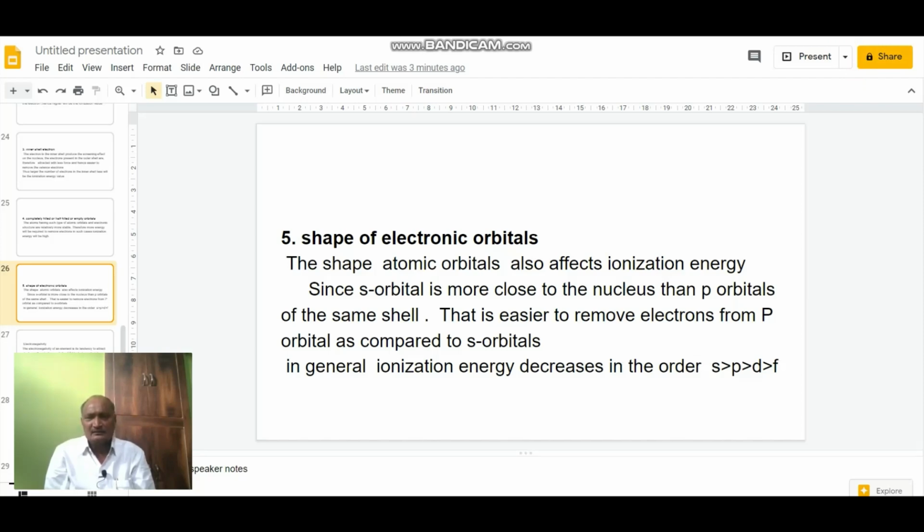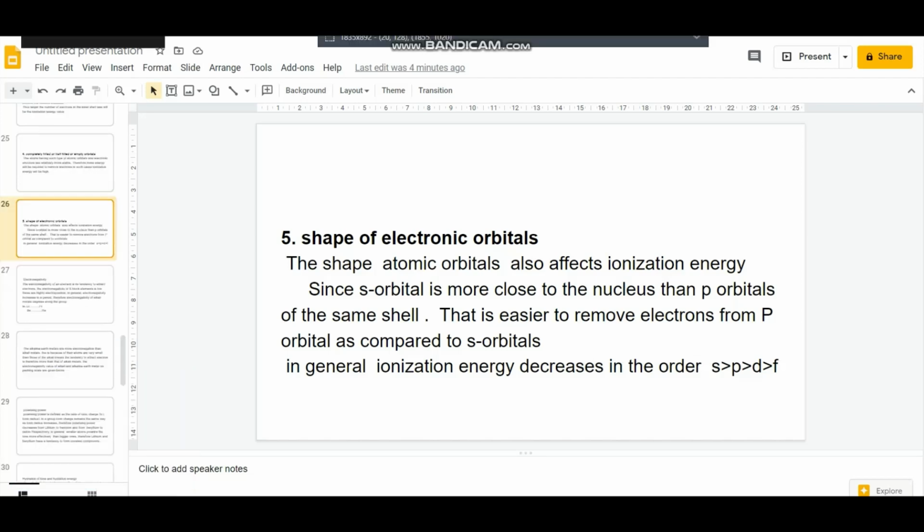In general, the ionization energy decreases in the following order: from s orbital to p orbital to d orbital, and d orbital to f orbital. It means the shape of atomic orbitals also affects the ionization energy values.